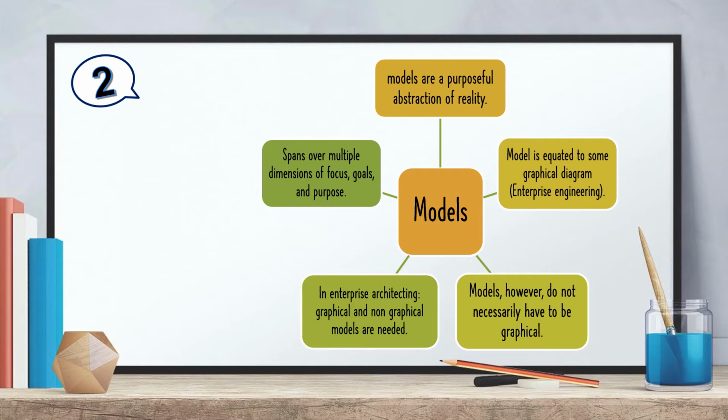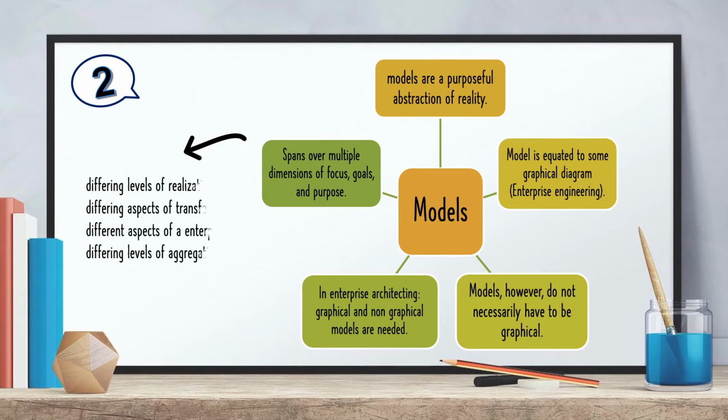We have a few examples of models. The first one is models that differ in the levels of realization, for example from conceptual via logical to physical model. Then, differing in the aspect of transformation, from contextual, why, via design, where, to the actual transformation, how.